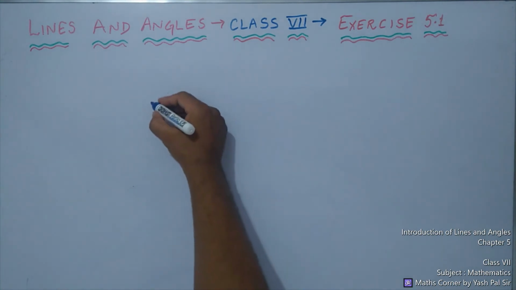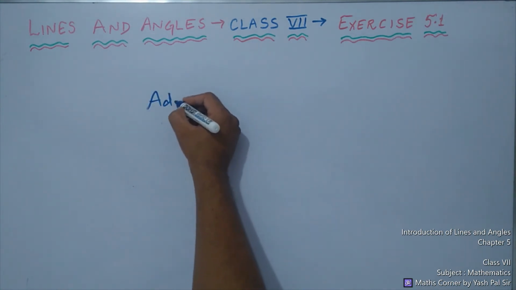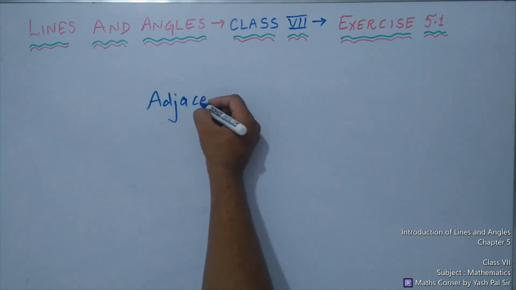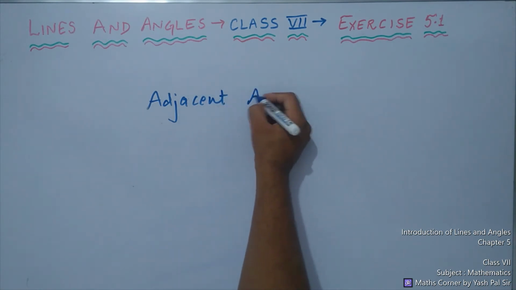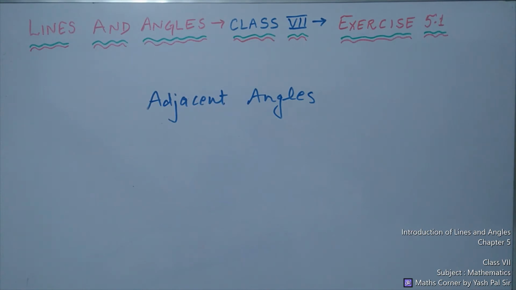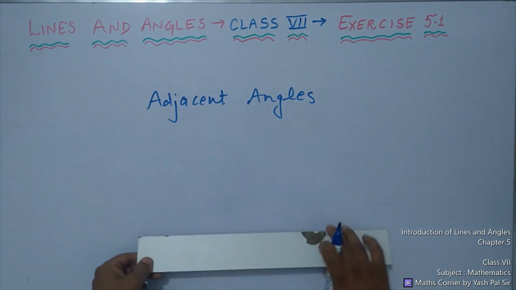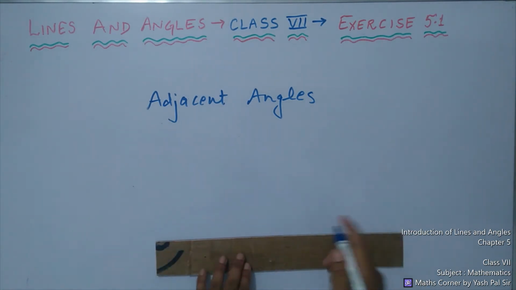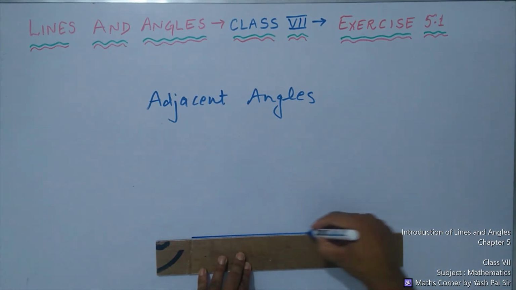Next we have adjacent angles. What are adjacent angles? Suppose I have one angle.